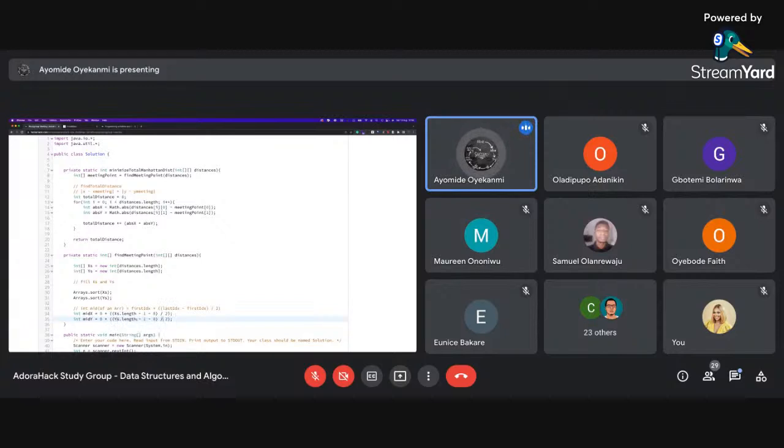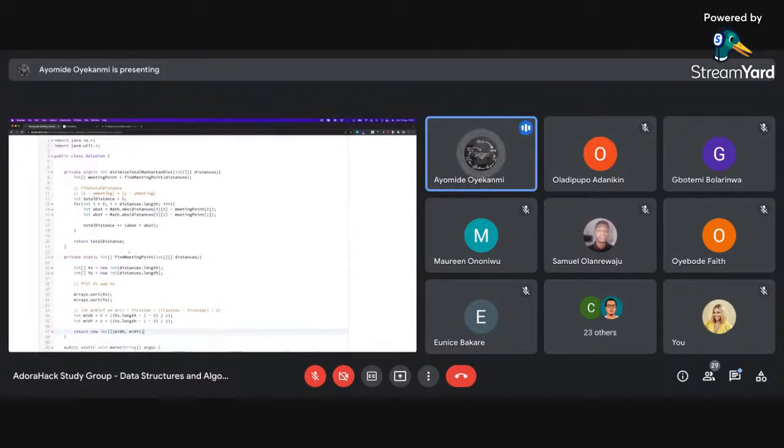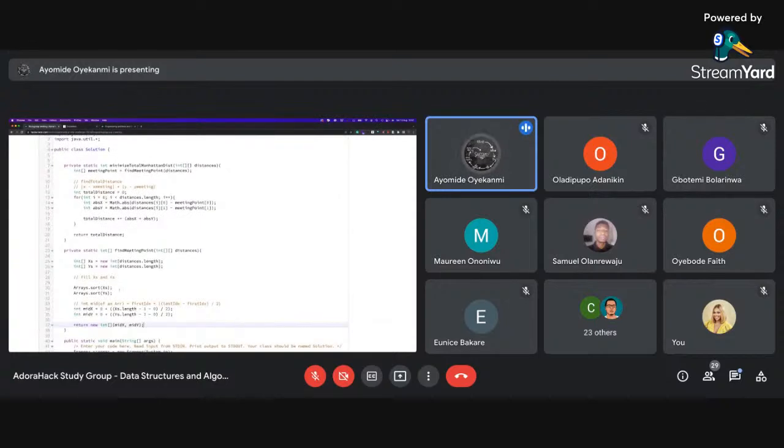So we do y's length minus 1, and so on. All right, and then at this point, we have mid of x and y. So all we do is return this as the meeting point. So mid x and mid y. So this will return an array that contains the meeting point location.